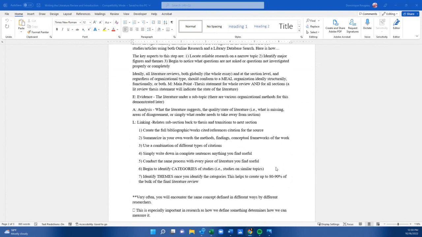Or they might have a subsection for the intersection of research and memory, and then research on memory based on extroversion, and then memory based on introversion, because that's what their studies focused on. So it can be done either of those ways.